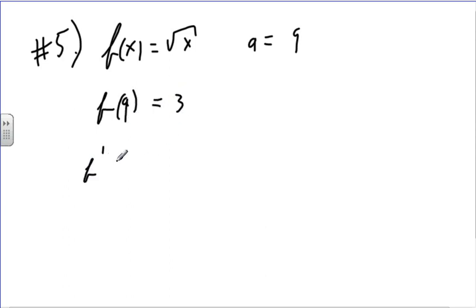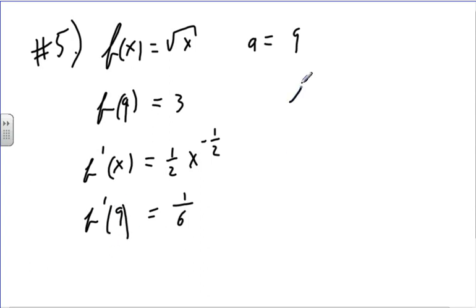And then we want f prime of x. So this is x to the 1/2, so it'd be 1/2 x to the minus 1/2. F prime at 9 would be 1 over 6. F double prime x would be minus 1/4 x to the minus 3/2.